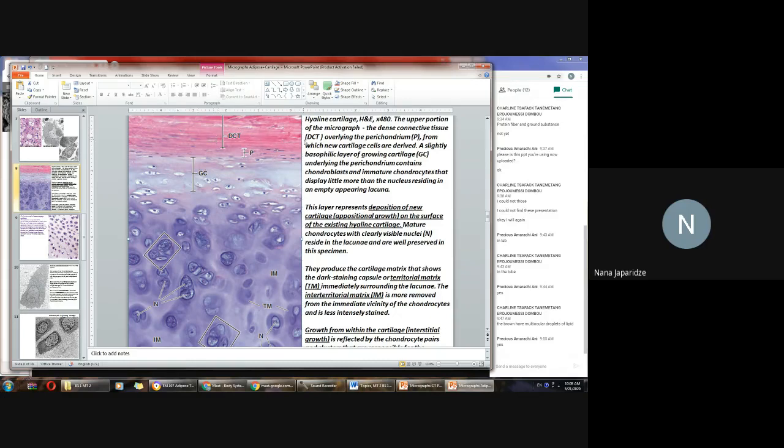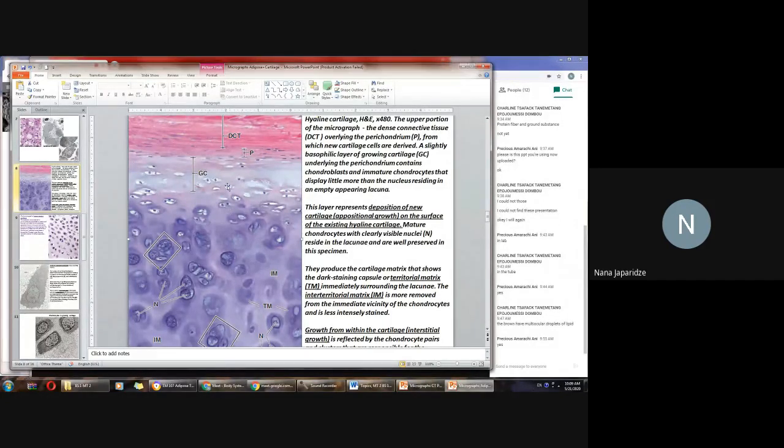And this is dense connective tissue because they are arranged in one direction. Here is the perichondrium, mesenchyme-like tissue, which gives rise to the new layers of cartilage tissue.